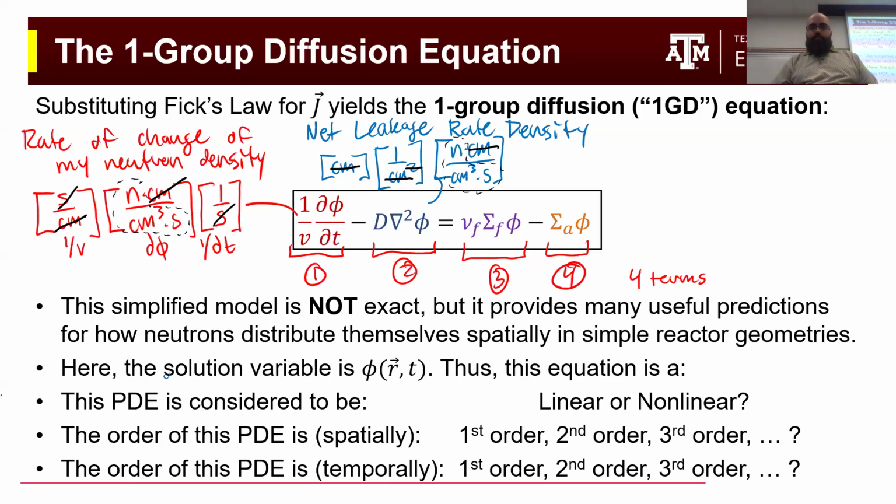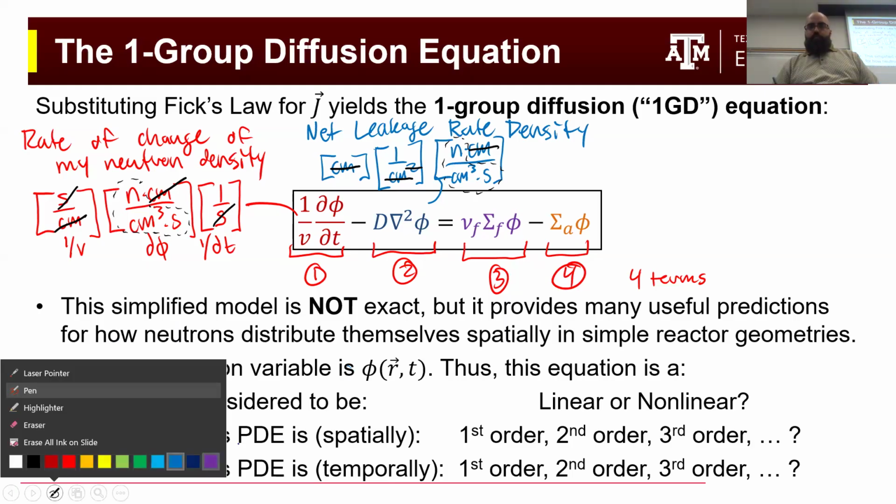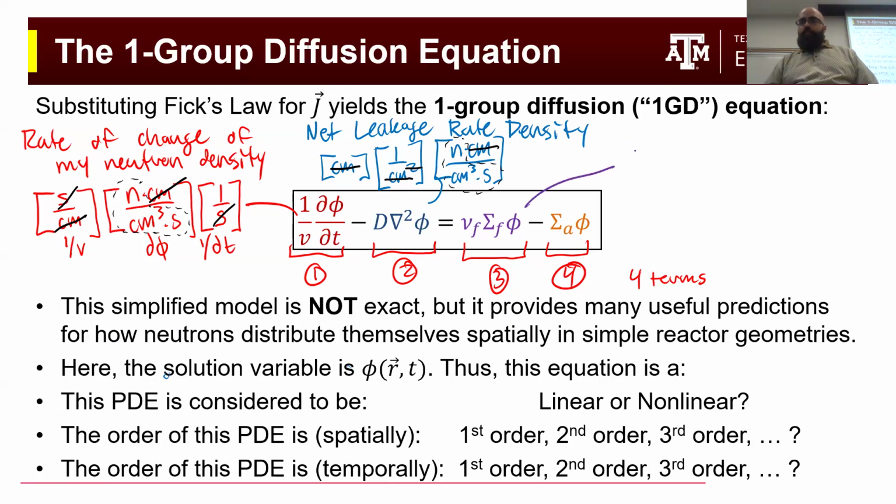That third term, where's my pencil? That third term, I've got a nu F, which is the number of neutrons per fission. I've got a sigma F, which is the number of fissions per neutron distance traveled.